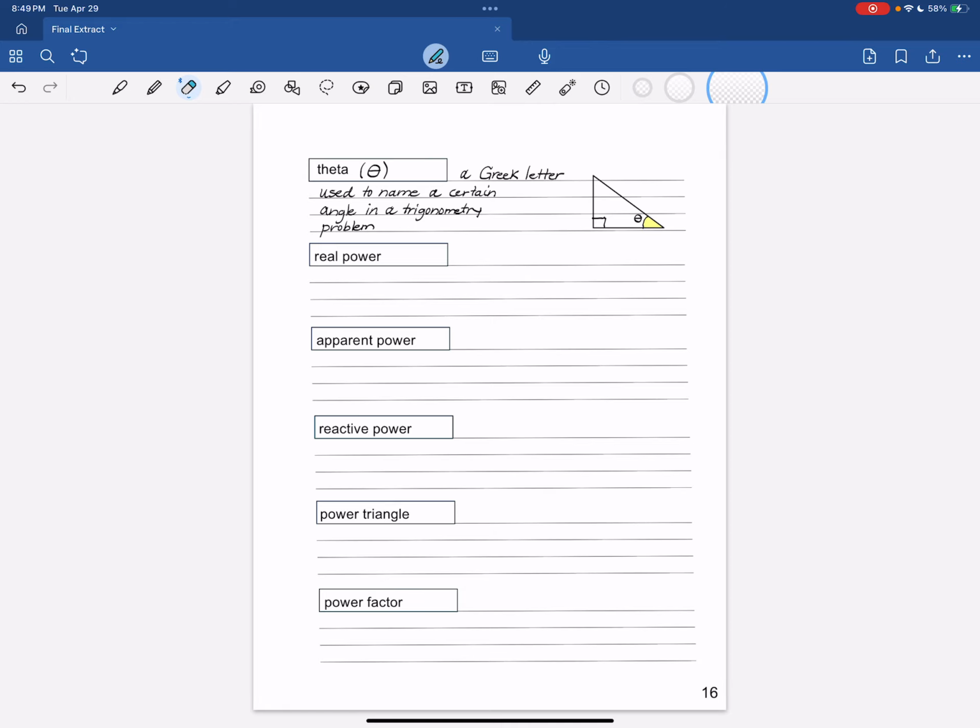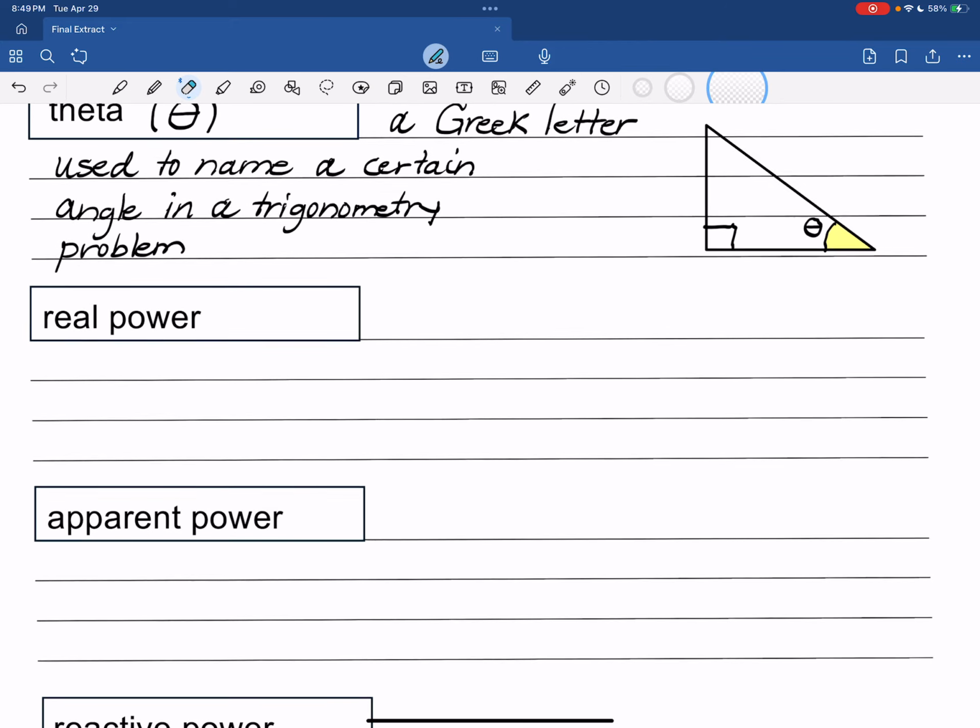So let's start off here with real power. We need to define this. Let me find my definition so that I'm giving you a consistent one. Okay, here we go.